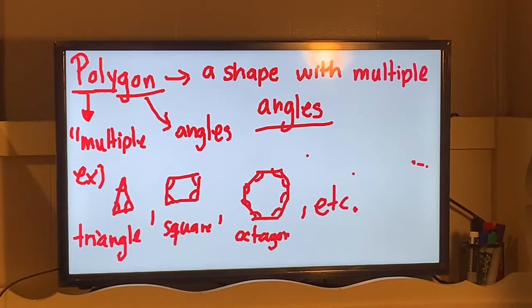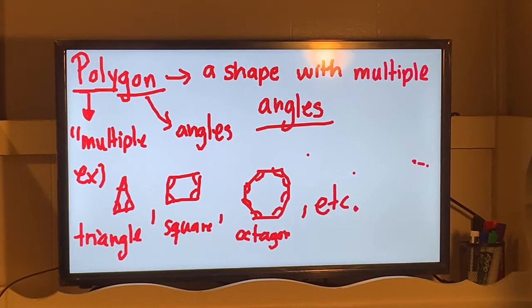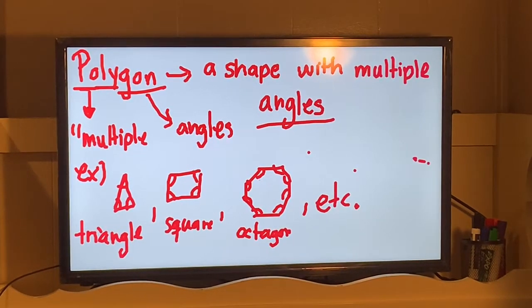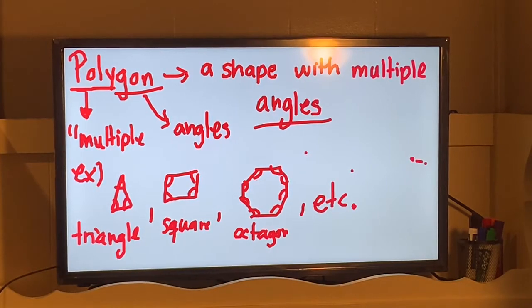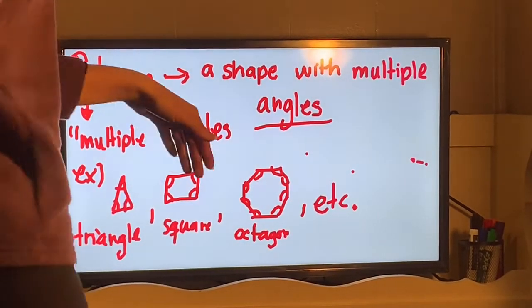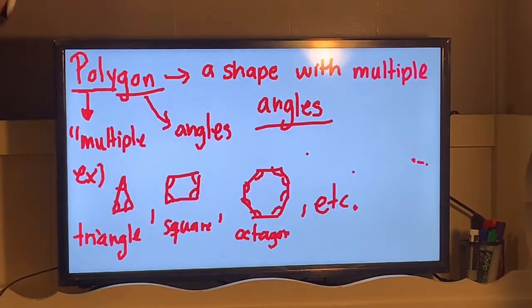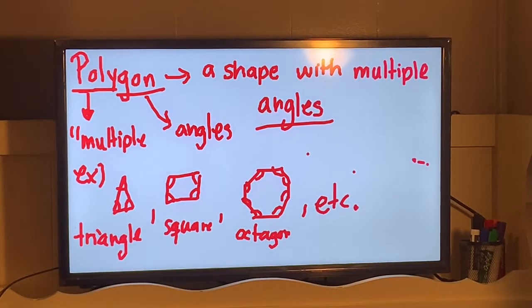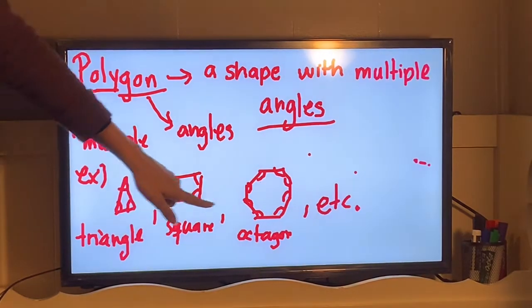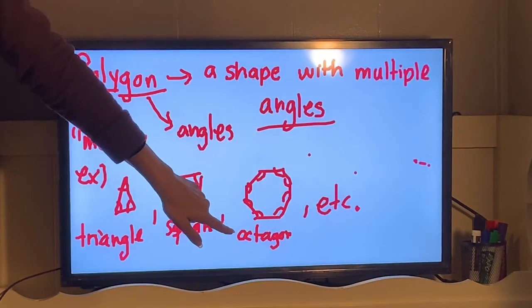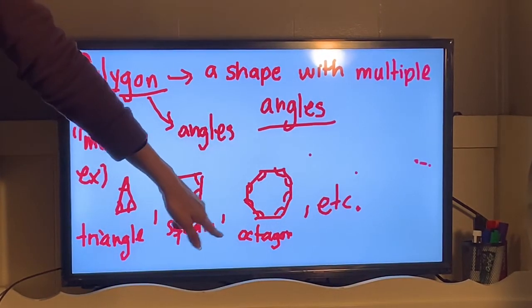So now what does this mean? How do we connect defining a polygon with finding the measurement of a square? This entire week, today, we're going to find the internal angle measurements of a square. However, later on, we're going to figure out how to find the angle measurements of an octagon. We've never worked with octagons, right?